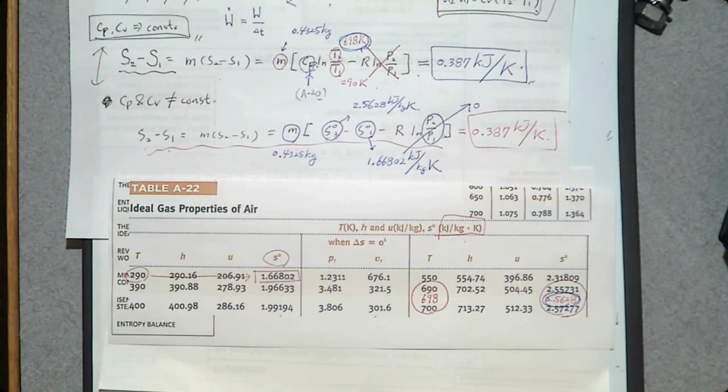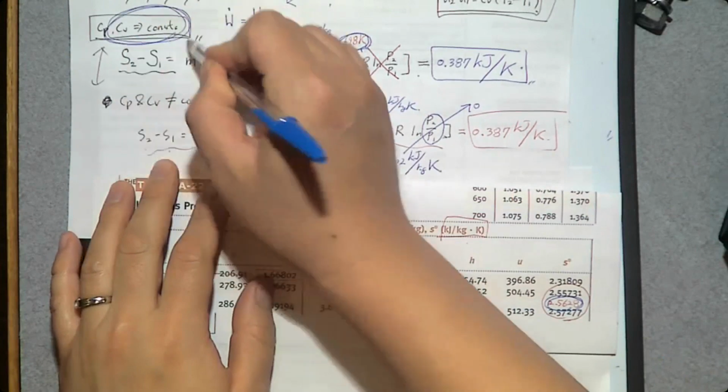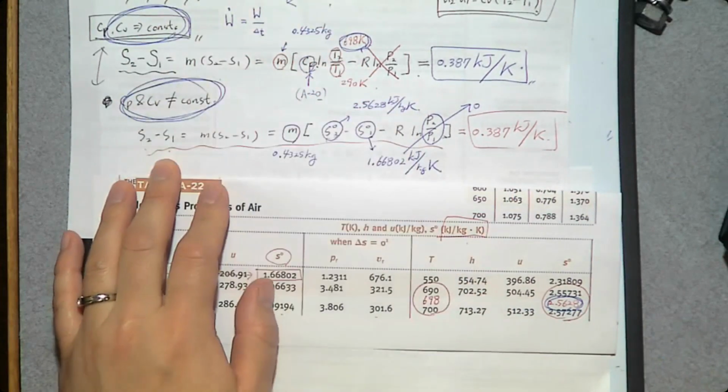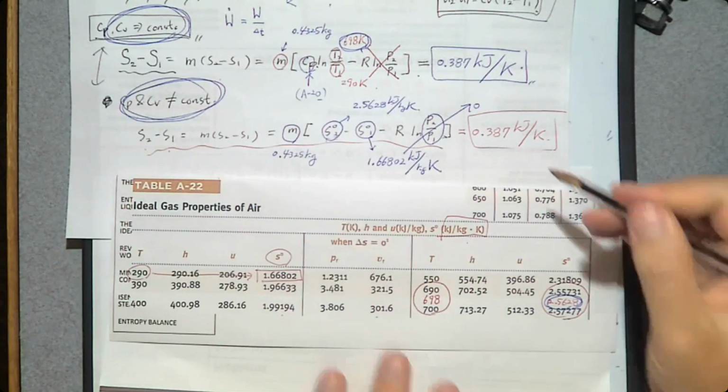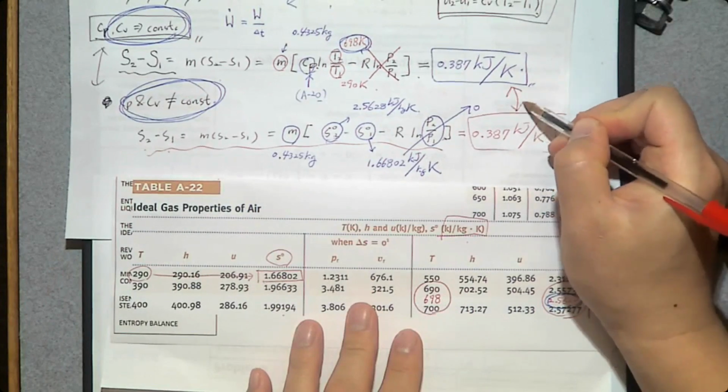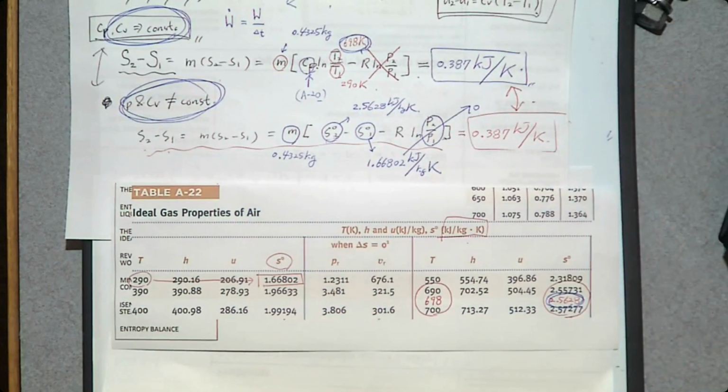Okay, so that's how we determine the entropy change of a system in two different ways. One is constant specific heat, and the other one is variable specific heat. You will get a similar answer. Okay. Any question about this problem?